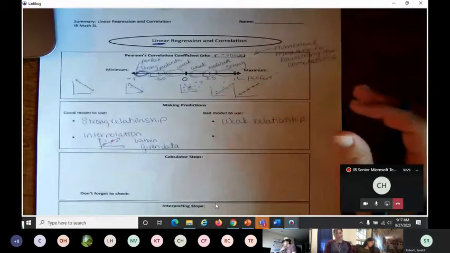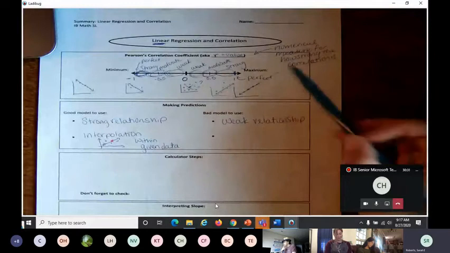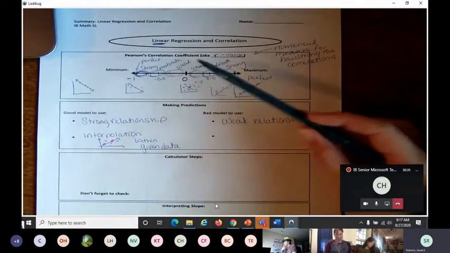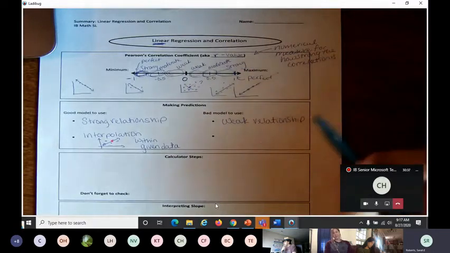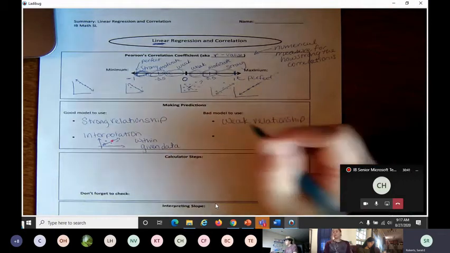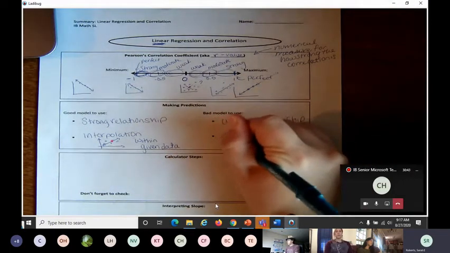So our Pearson's correlation coefficient, the R value, is going to be closer to 0. And a weaker way to make a prediction is to extrapolate.